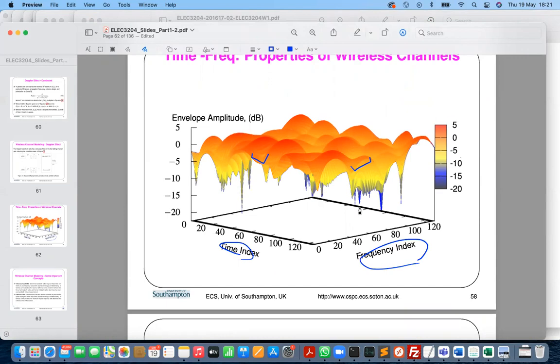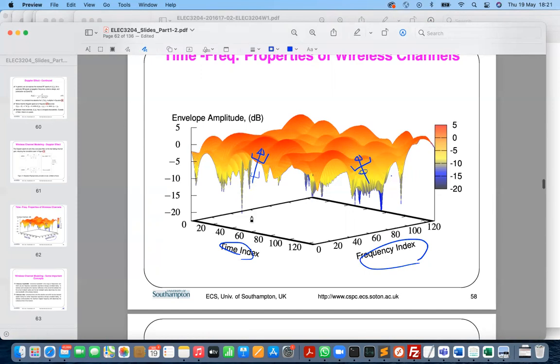So if your signal's bandwidth is smaller than the coherent bandwidth, then the signal can pass through without causing any interference. Otherwise, you'll get frequency selectivity. And if your signal's symbol period is smaller than the coherent time, then you can pass through the channel without causing any interference.